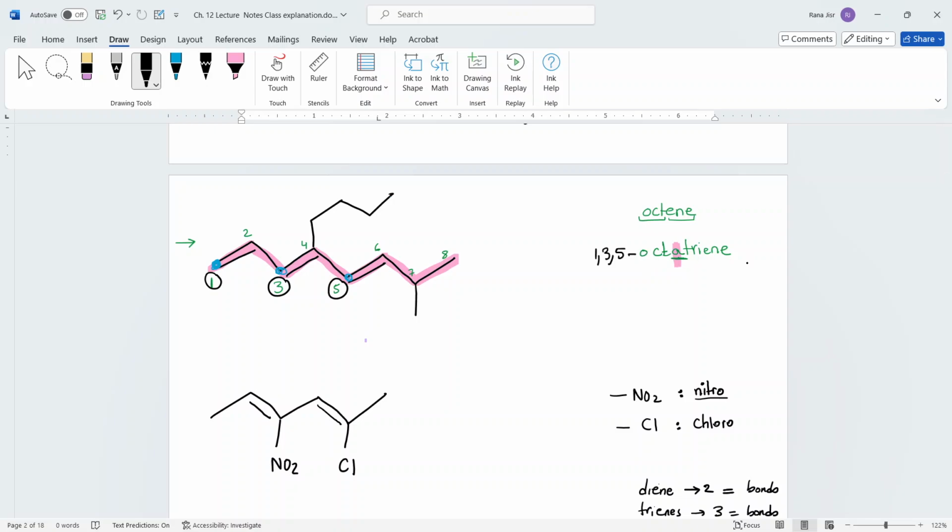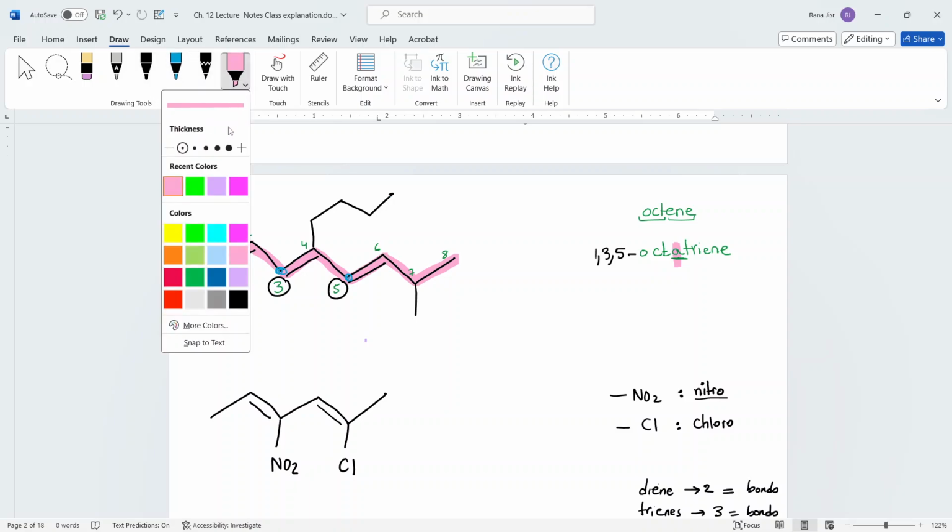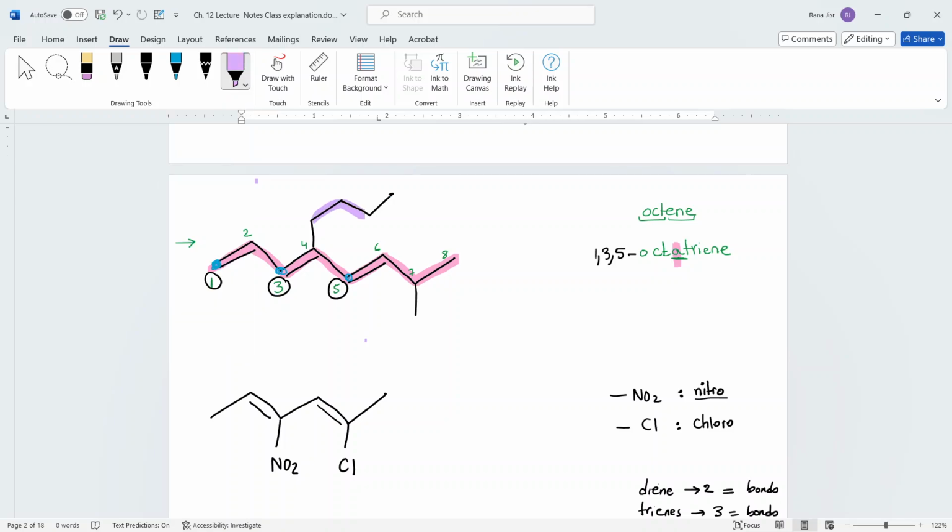All I need is the substituents. I would arrange the substituents in alphabetical order. So I do have a butyl chain in here. Name it as usual, guys. So that is a butyl chain. And then I have a methyl group over there. You need to arrange those in alphabetical order.